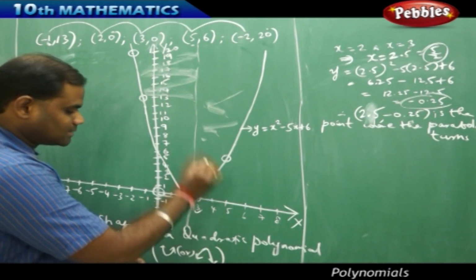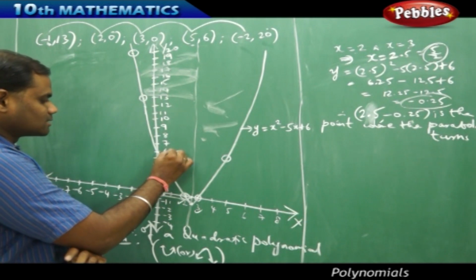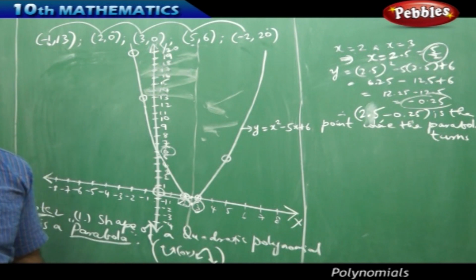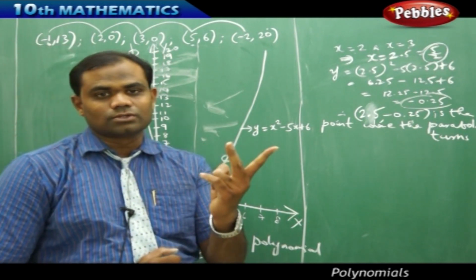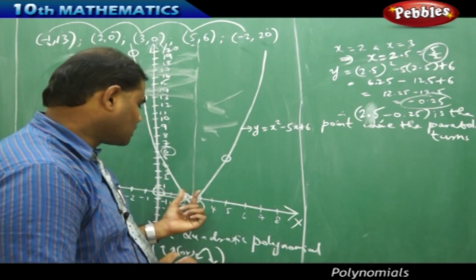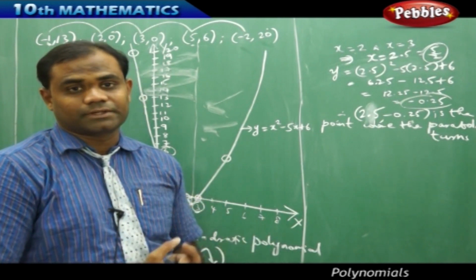So these are the x-intercepts, and clearly the graph cuts the y-axis at 6. So this is the y-intercept. These two are the x-intercepts. So always a quadratic polynomial has two zeros, therefore two x-intercepts. Sometimes that x-intercept may converge to form one repeated x-intercept, which we're going to see in the next sessions.